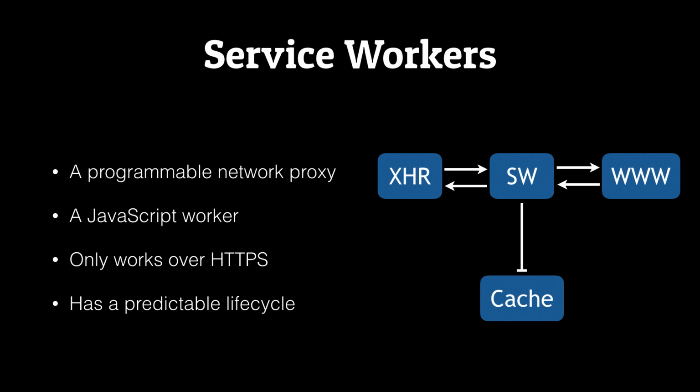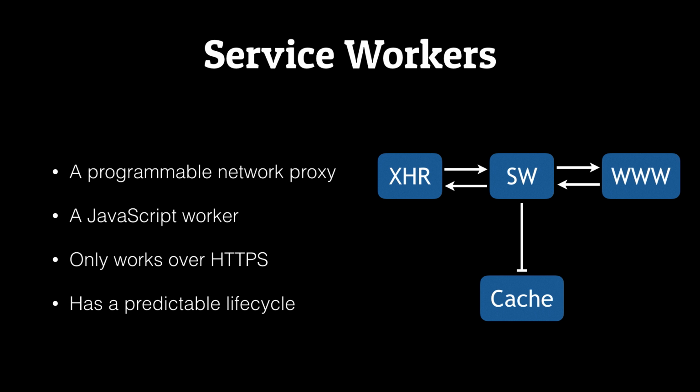Because service workers can potentially monitor and modify requests, they only work over HTTPS. This is designed to prevent potentially catastrophic man-in-the-middle attacks that would be accomplished by modifying the service worker's JavaScript and allowing a malicious proxy to be injected between your application and your API.